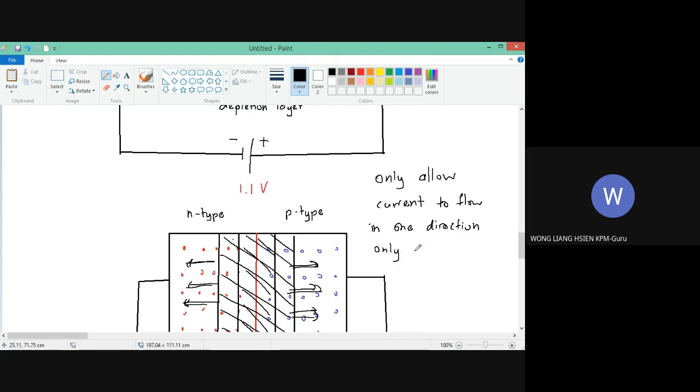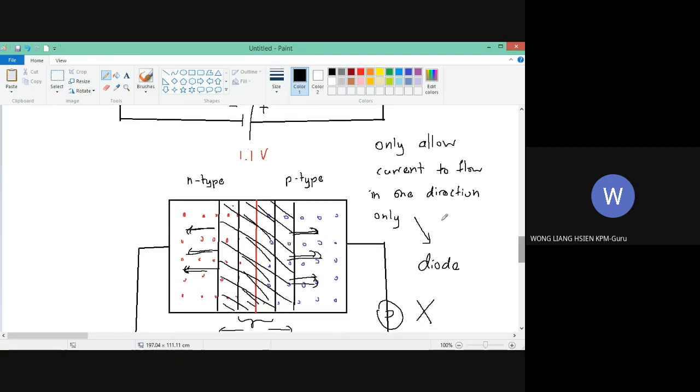So we call this a diode. And because this diode is made from semiconductor, we call it a semiconductor diode, or a PN junction semiconductor diode. Okay? Get the idea?